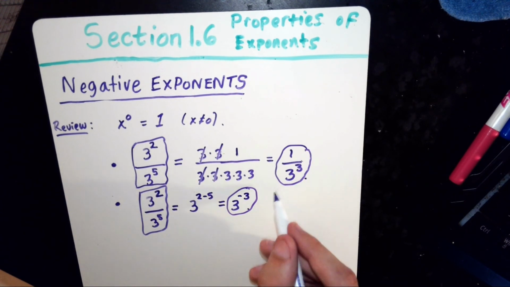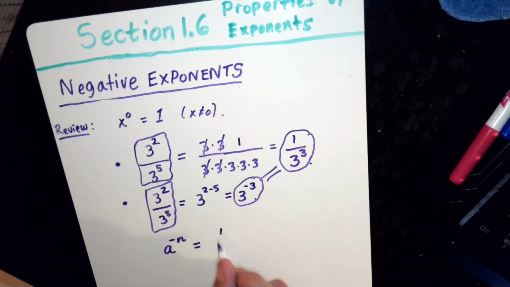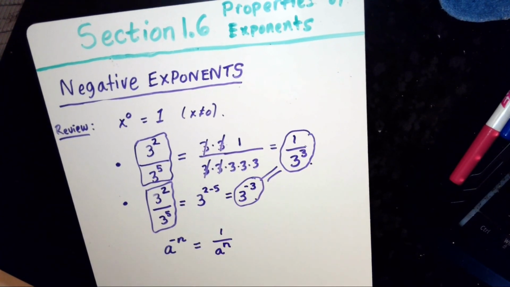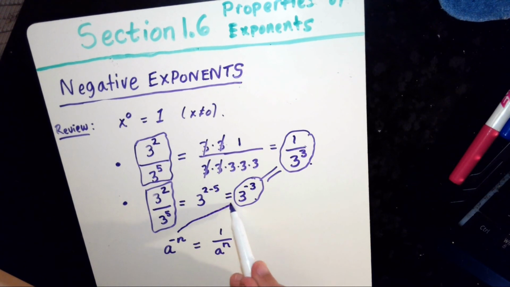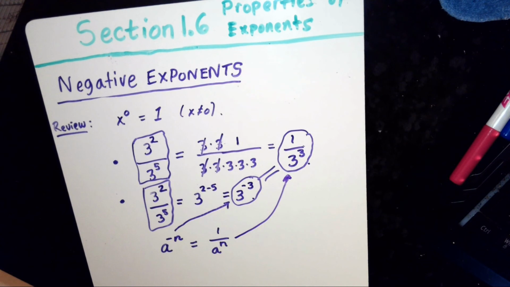And really what we mean is that in general, anytime we have something of the form a to the negative n, something with a negative exponent, we define it as 1 over a to the n. This perfectly corresponds with our example. This corresponds to that, and this one corresponds to that.